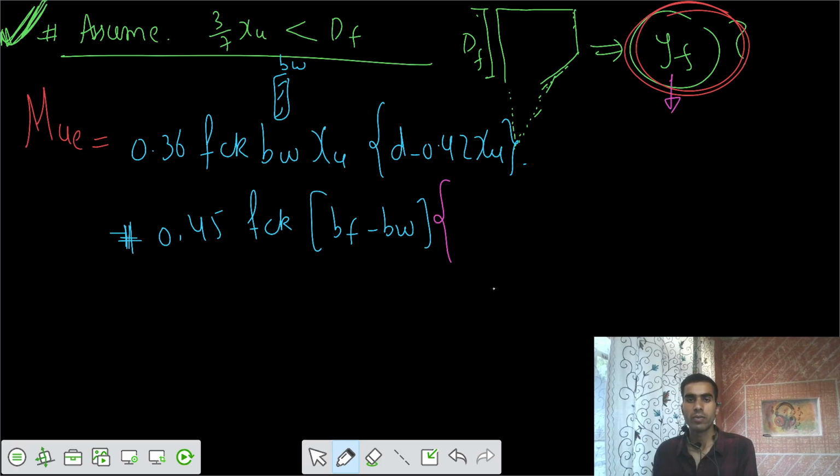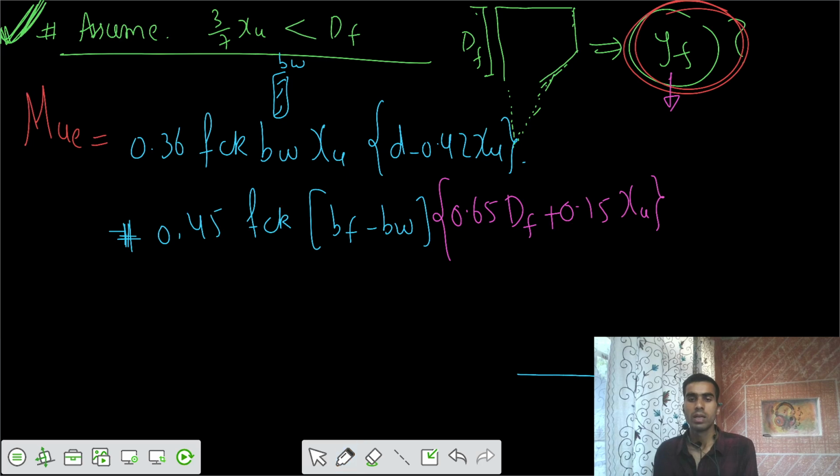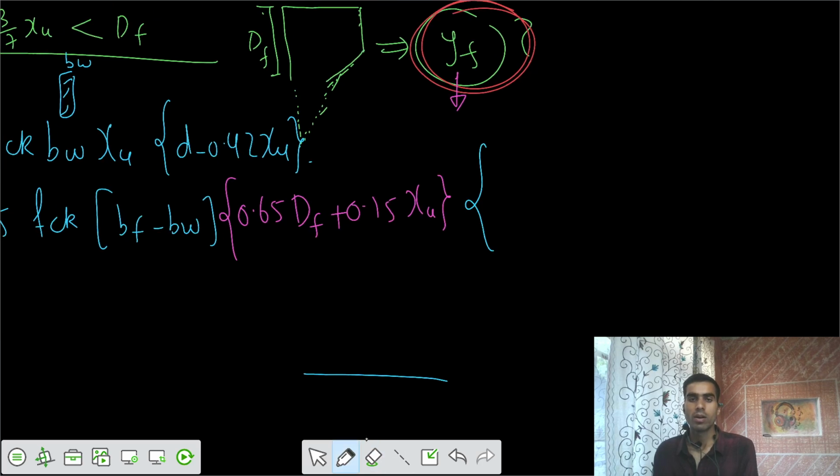We need to substitute the value of YF, that was 0.65 DF plus 0.15 XU, and we have one more part, that is the lever arm. That lever arm was D minus YF by 2, D minus YF by 2.